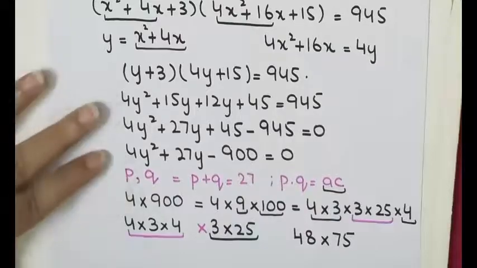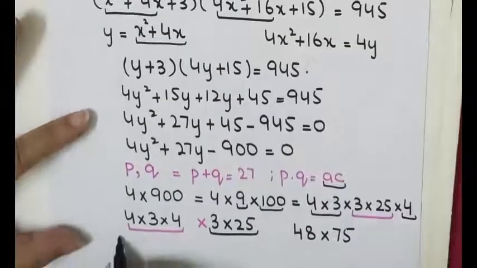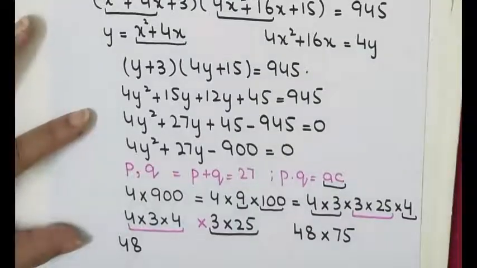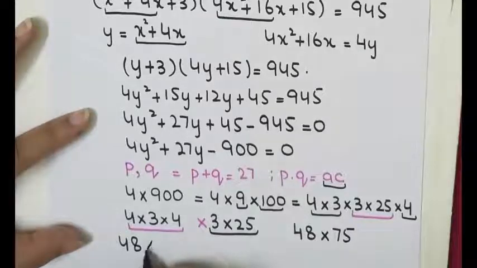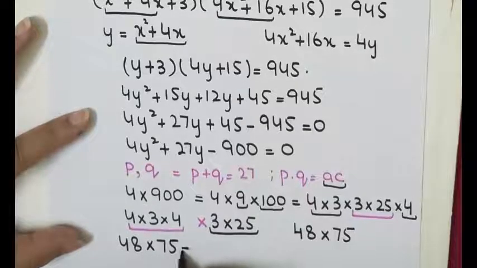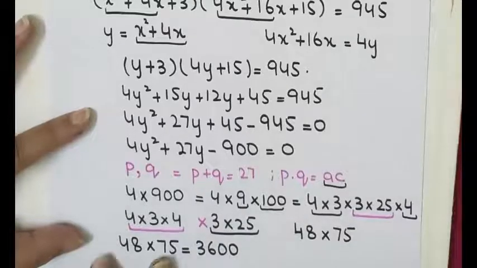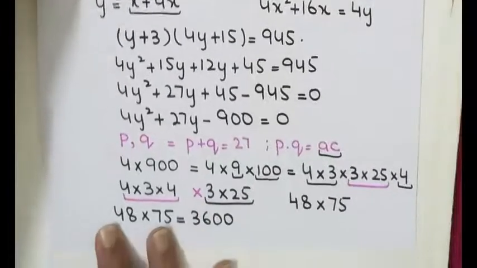So 48 and 75. Yes, this is the true pair because 48 into 75 is equal to 3600. You can check by multiplication.